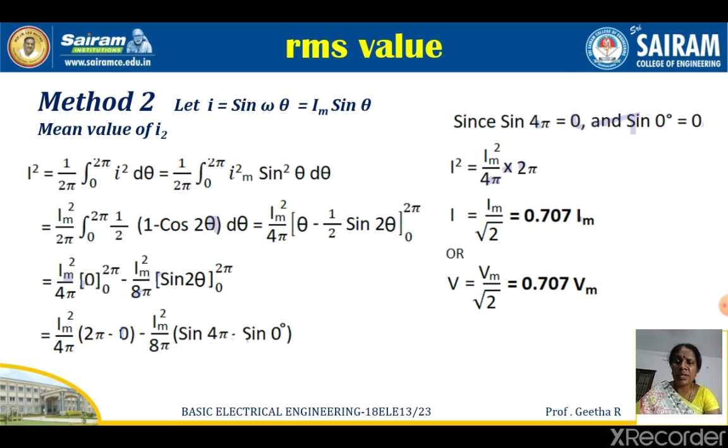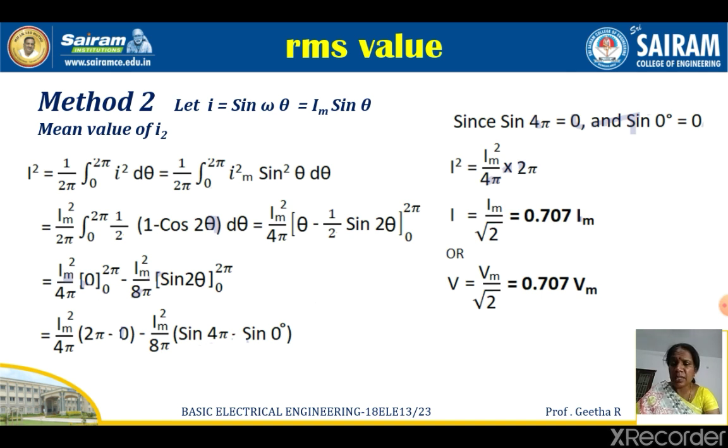The value of i is substituted as Im sin theta. So substitute for sin squared theta the formula (1 minus cos 2 theta) by 2. You get Im squared by 4 pi, theta minus half sin 2 theta with the limit 0 to 2 pi. So it will be Im squared by 4 pi theta with the limit 0 to 2 pi, minus Im squared by 8 pi sin 2 theta with the limit 0 to 2 pi.